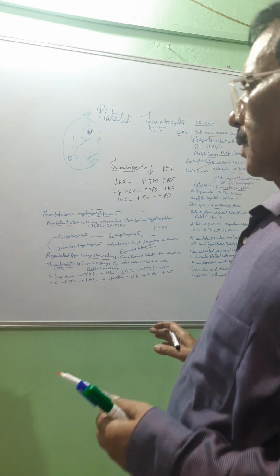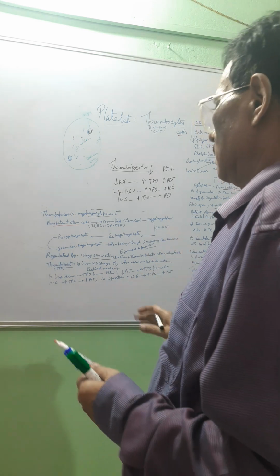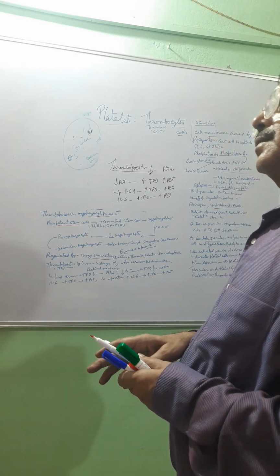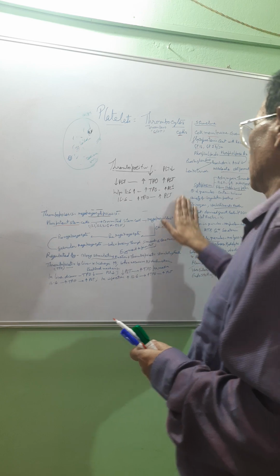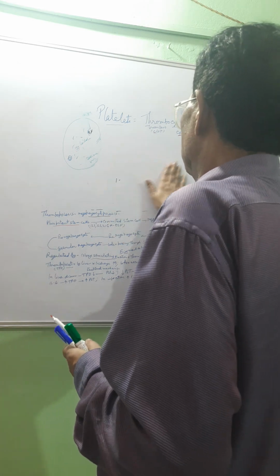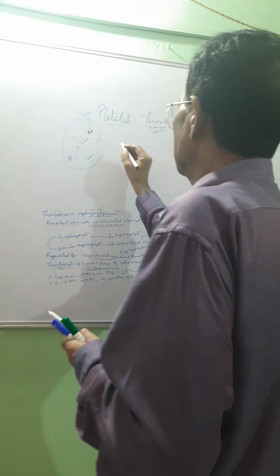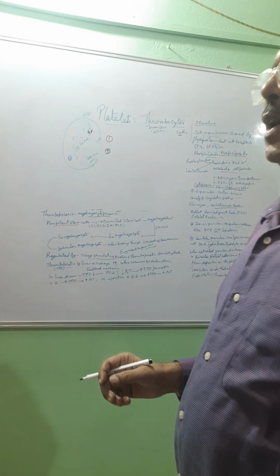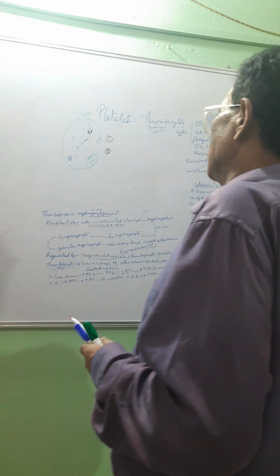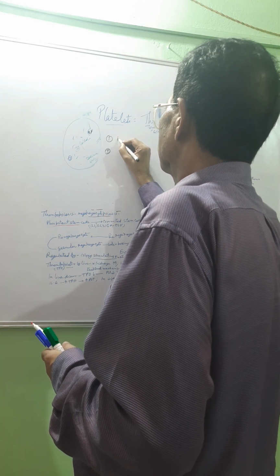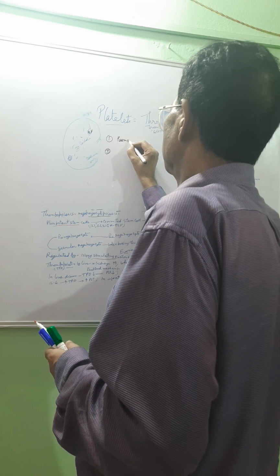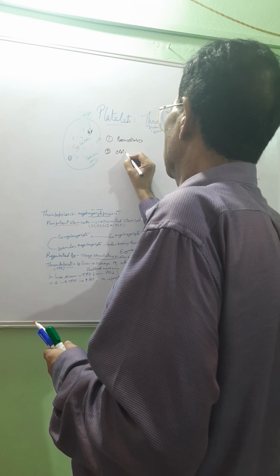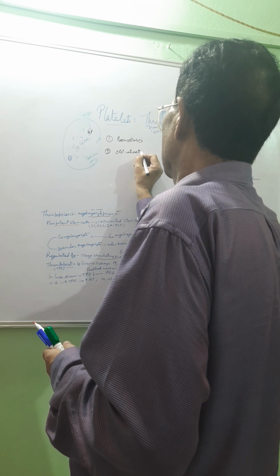This is about thrombopoiesis. Now, the functions of platelets. Number one, hemostasis: it forms the hemostatic plug and maintains the integrity of the vessel. Number two, clot retraction.